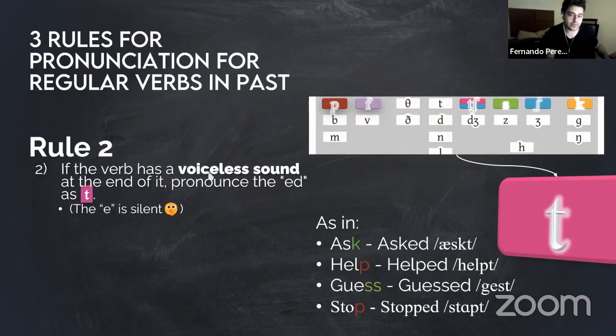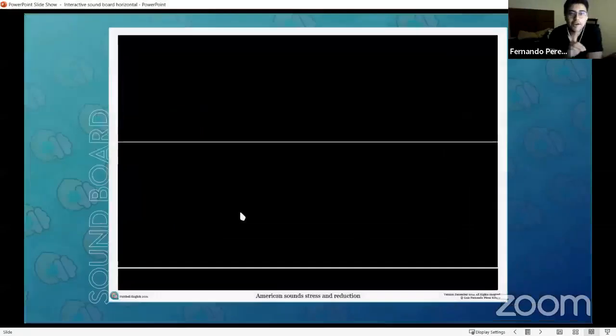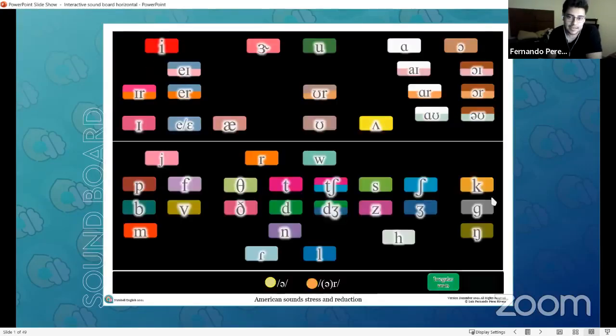For that, we are going to go to the soundboard. And in the soundboard, you are going to see that we have some sounds that have no activation of voice. For example, if you activate your voice and you say, let's imagine, this is a perfect example.